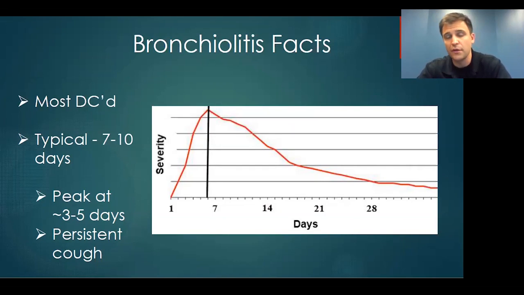So for the majority of cases, we're talking 7 to 10 days, but this can go upwards of a couple of weeks. And with that, the symptoms generally peak at around day 3 to 5. The biggest symptom that you should look for when you're taking your history at this point is a persistent cough.